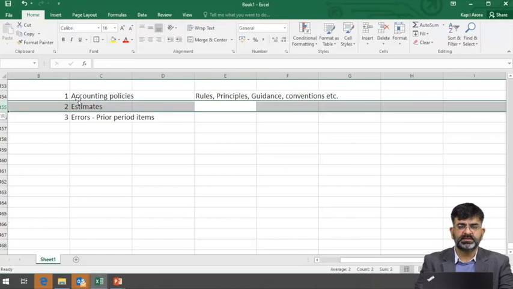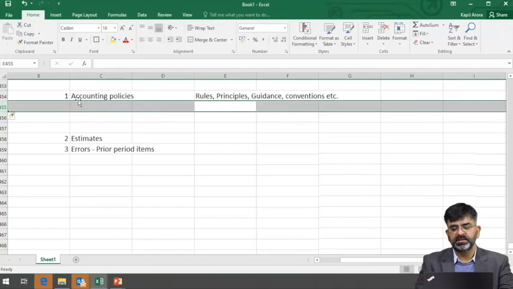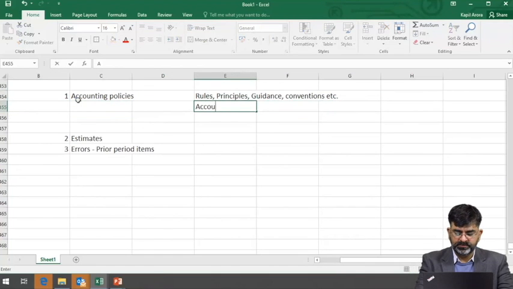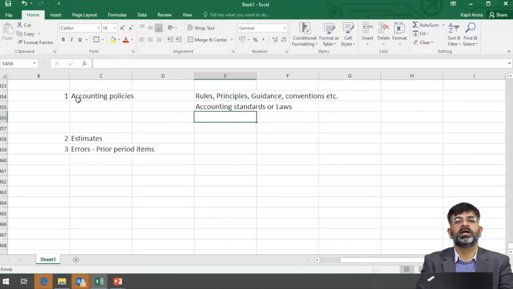Where do we get these rules, principles, guidance and everything? Accounting standards, or any laws around the industry. All those things collectively make the accounting policies.